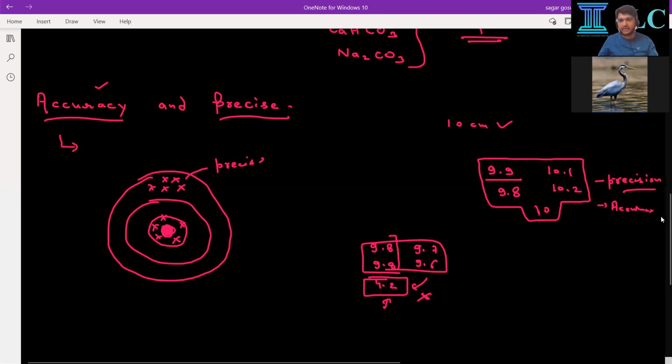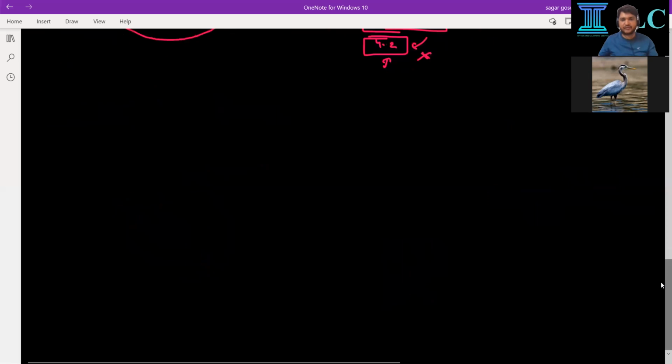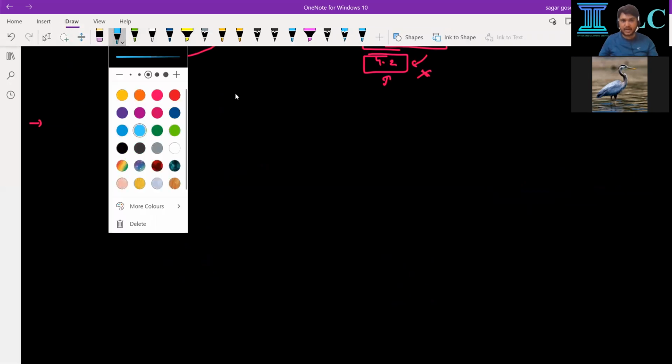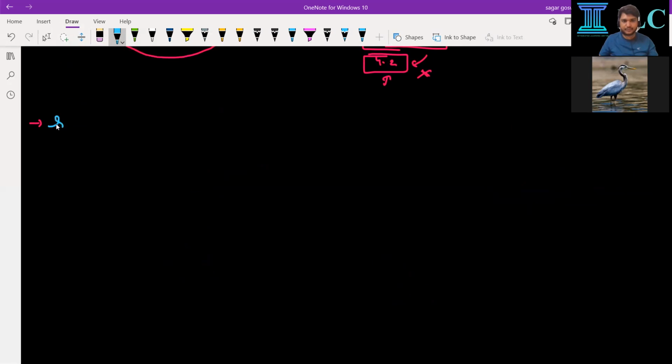Now the next topic is significant figures. Significant figure is the one which has some certainty. We can neglect some values, like rounding off.